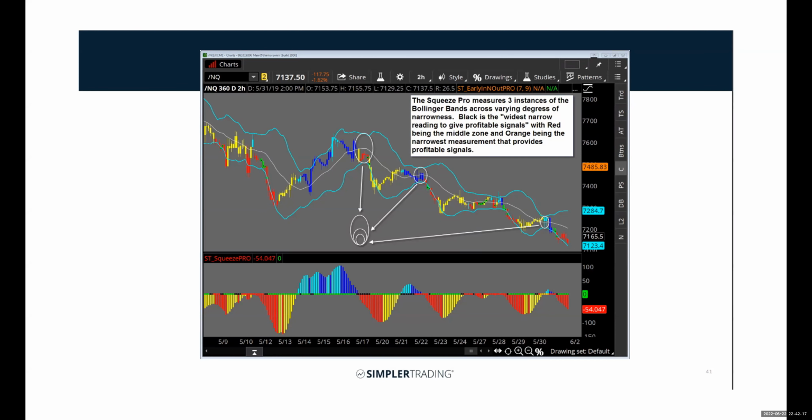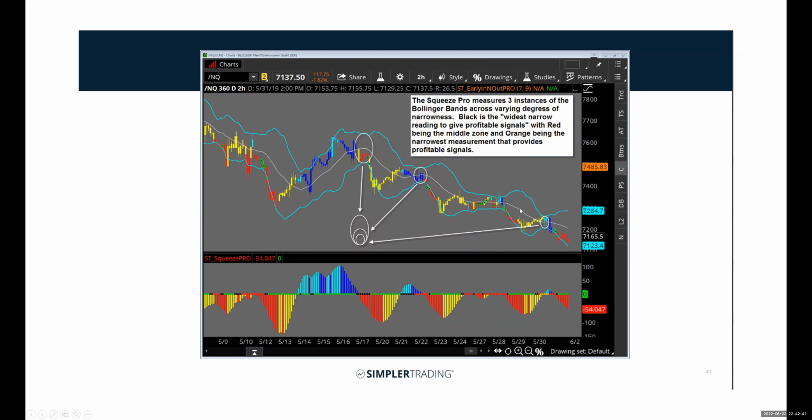And so what's the difference? The difference here is just measuring how much contraction we have based on the Bollinger Bands and the Keltner channels. So if we have sort of, we'll call it a loose squeeze, that would be the black dots. If we have a regular squeeze, so the regular TTM squeeze is still the red.